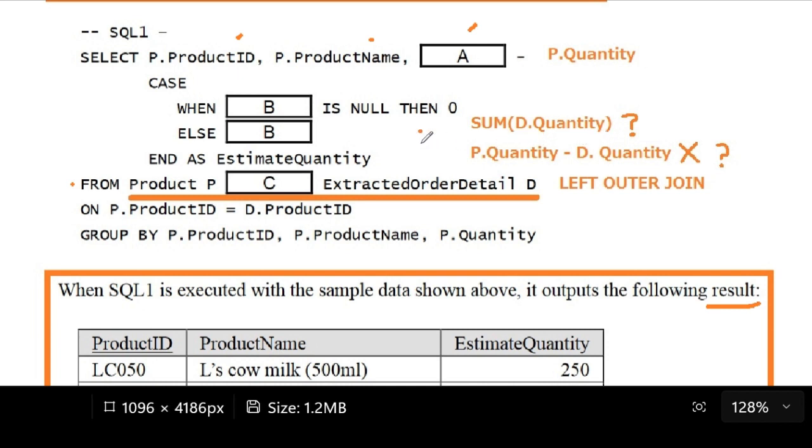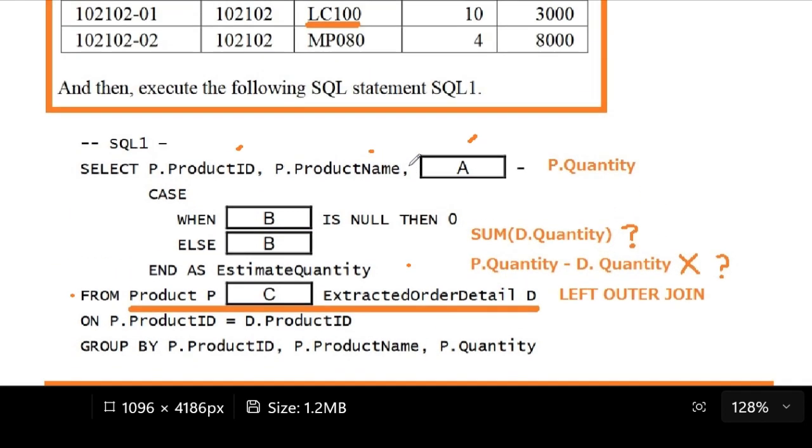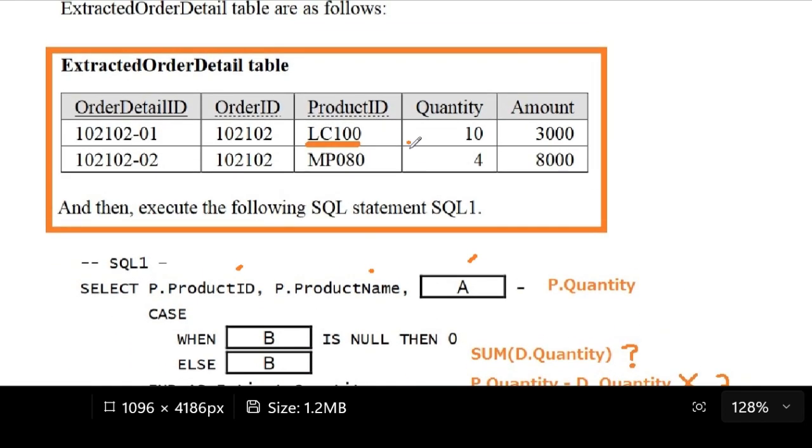The way to understand that further is to look at the table just before this. Here we have the extracted order detail table. From here we can find the quantity for the product ID with the name LC100.